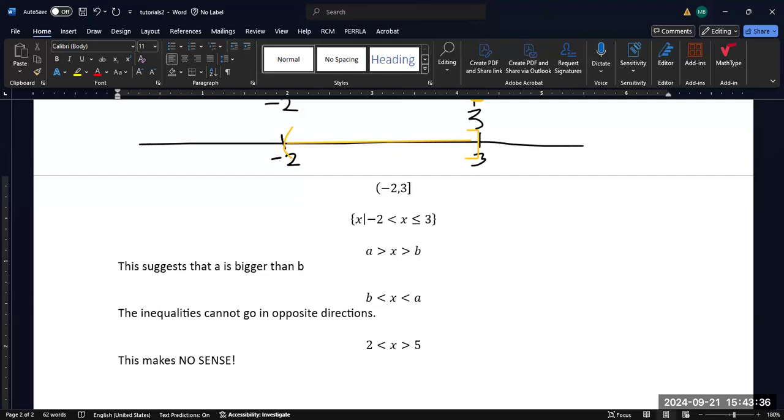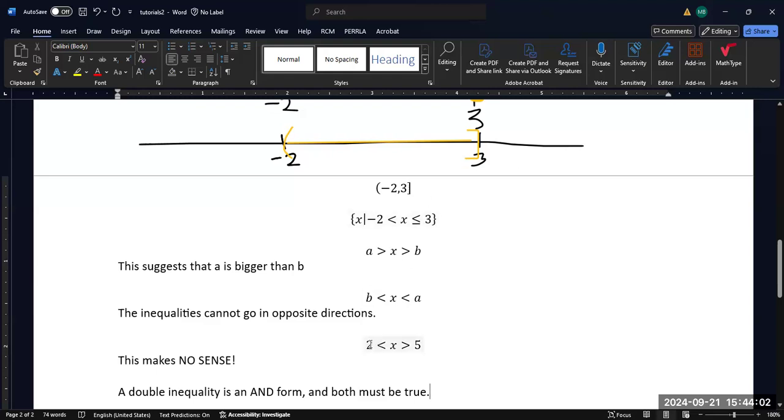So when a double inequality is in an and form, both must be true. So it is possible to be bigger than -2 and also less than 3. You can be in between those two values, and then you will satisfy both ends of the inequality.